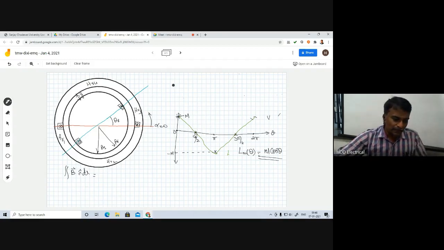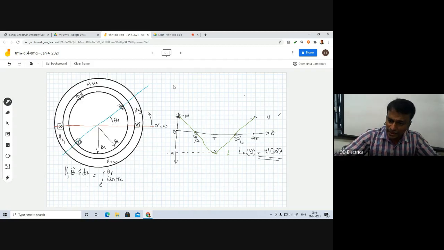So how have I written? In this case, we have written it as the integral from alpha equal to 0 to theta, where we already know mu naught HR3 L into R into d alpha. This is the alpha reference, d alpha, plus the integral over theta r, where this stator flux reference is completing from alpha equal to 0 to alpha equal to pi.